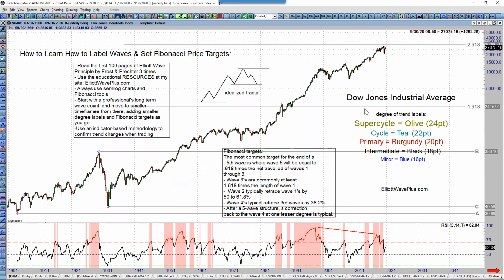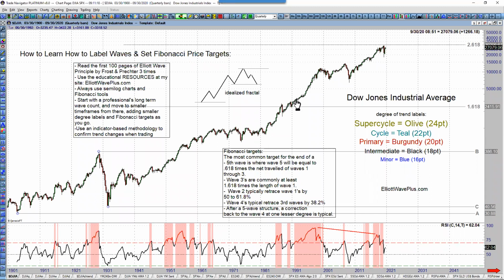That target came in right there, as if that would probably be the best spot for a wave 3 target. But as you can see, that basically is right at that 1987 Black Monday crash, and there wasn't enough of a correction there for that to be a wave 3.